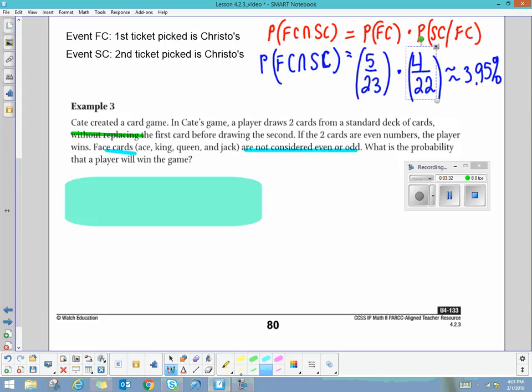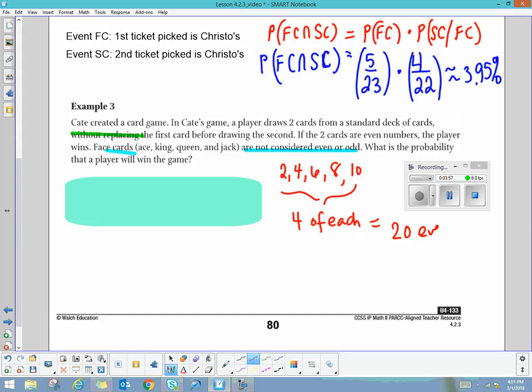So basically, the only even cards that we can deal with are going to be card numbers 2, 4, 6, 8, and 10. And since we have 4 of each, this really results in 20 even cards. So this is definitely something we want to keep in mind.